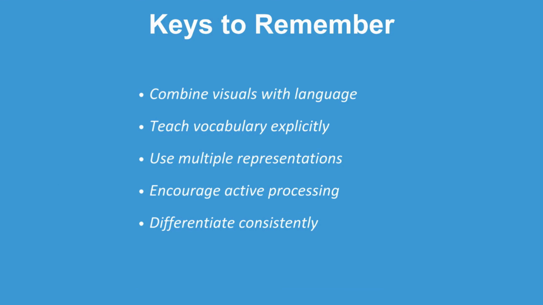So ultimately, some keys to remember: we want to combine visuals with language for these particular students. We want to teach vocabulary explicitly with these students, use multiple representations, encourage active processing, and differentiate consistently.